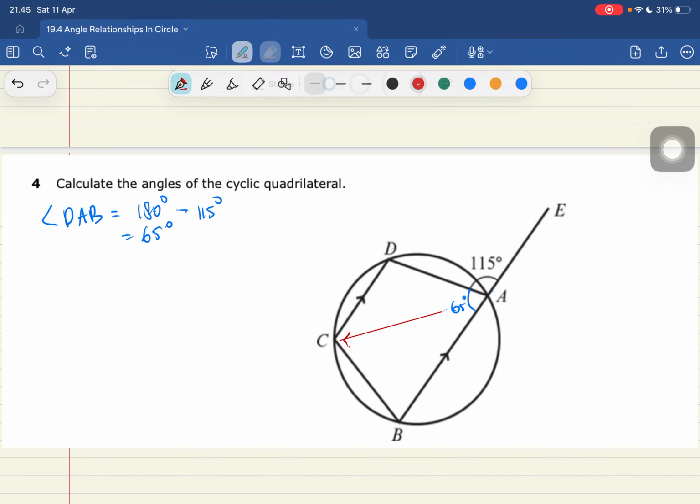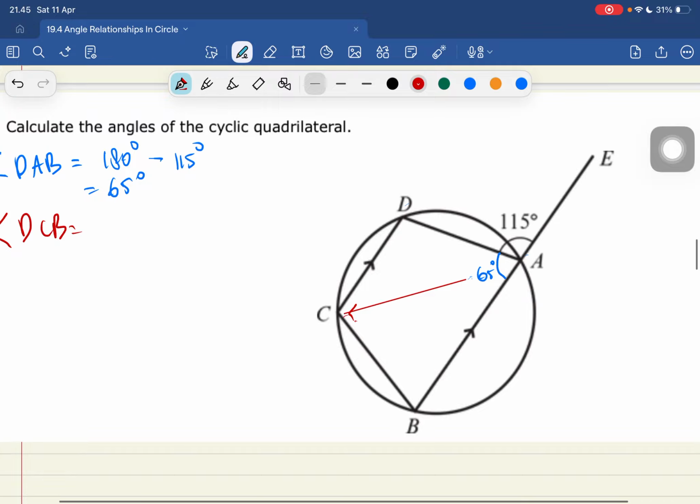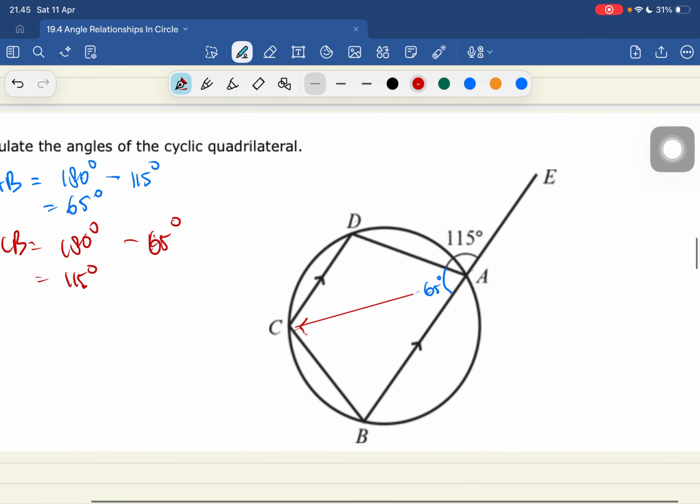The total of opposite angles of four points touching the circumference is 180, so for DCB we minus 65 from 180, so it's going to be 115 degrees. Look at it, they are parallel.